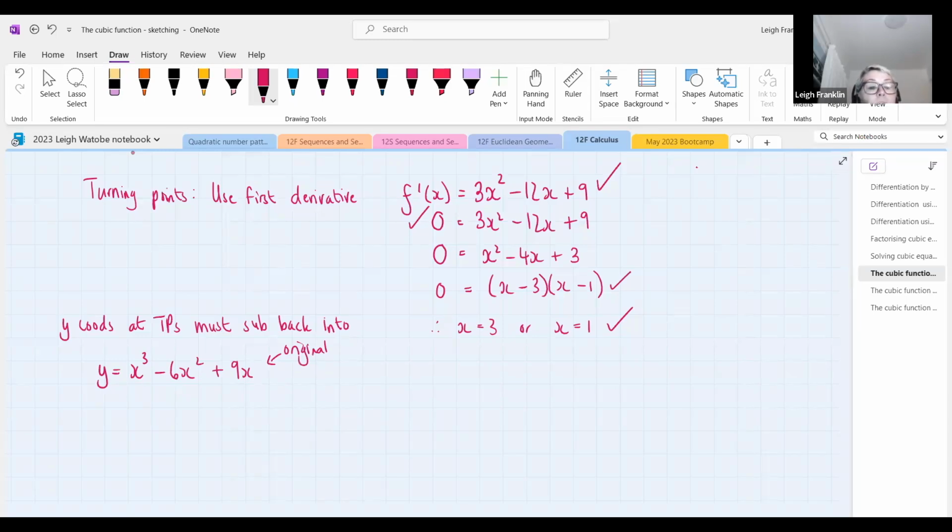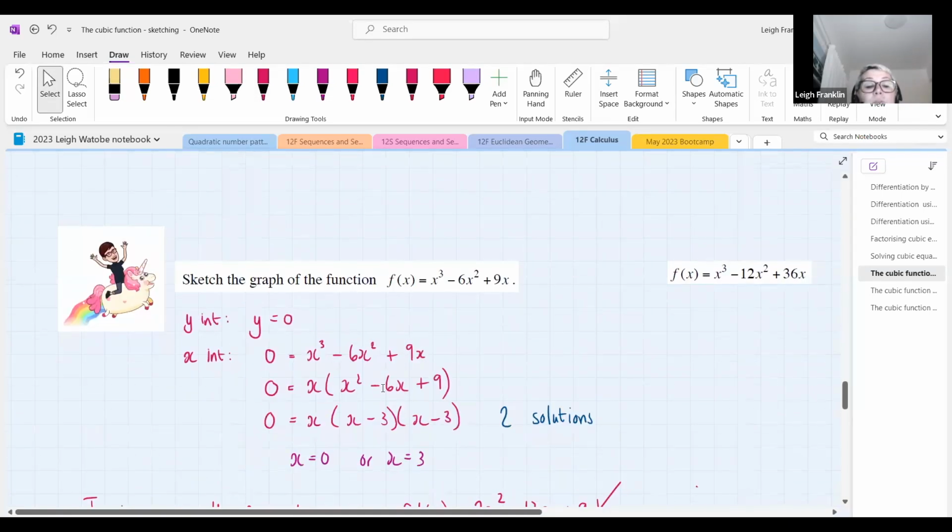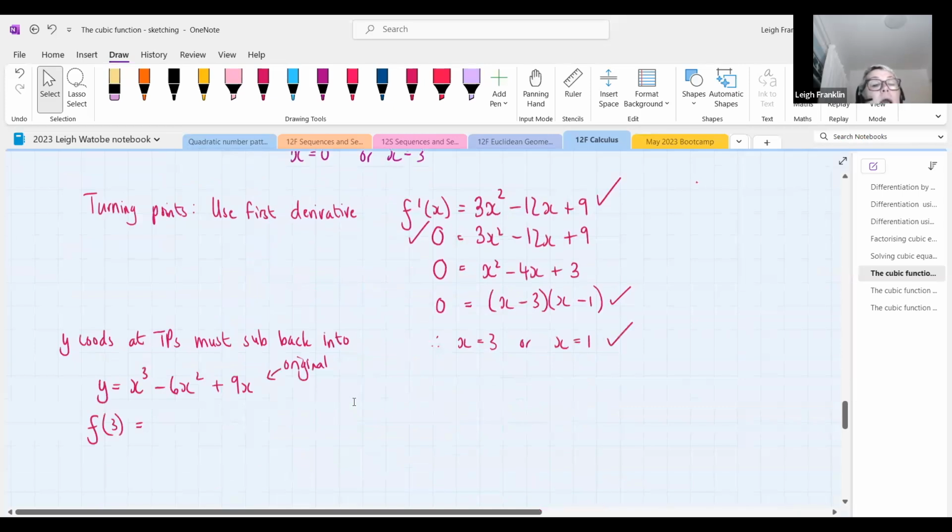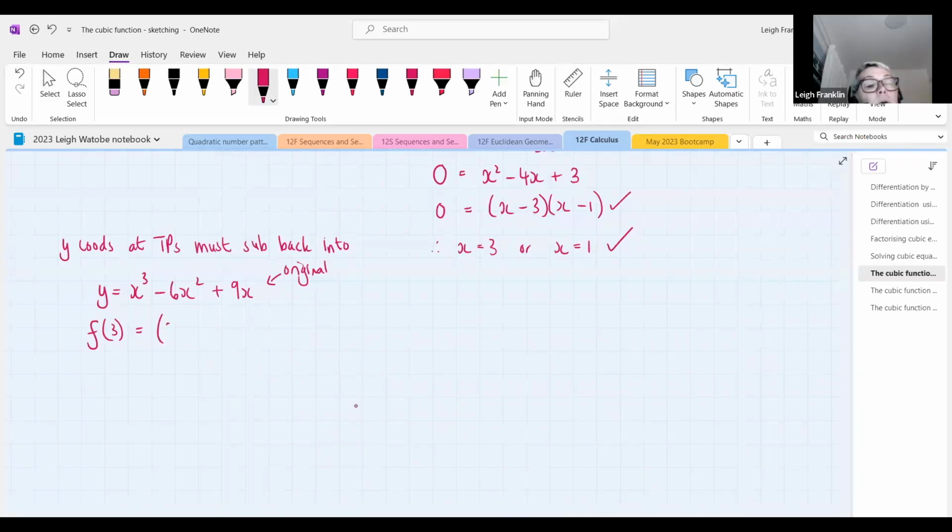So what we would do here is we would sub in f of 3. Now we already know what f of 3 gives us because x minus 3 was one of the solutions for our x-intercepts. So when we sub in 3, we get 0 as an answer for y. 3 cubed minus 6 times 3 squared plus 9 times 3 gives us 0.